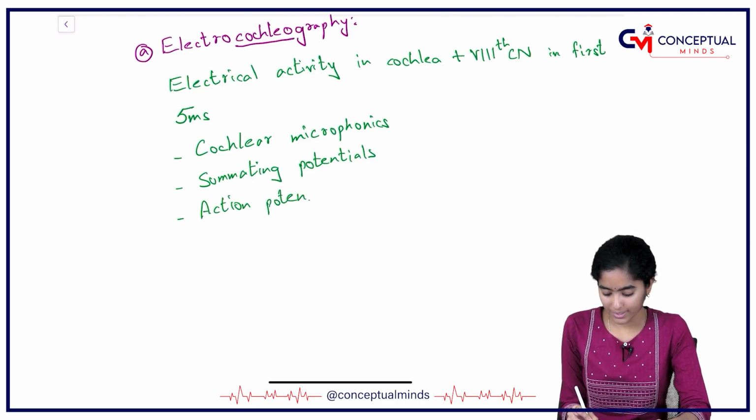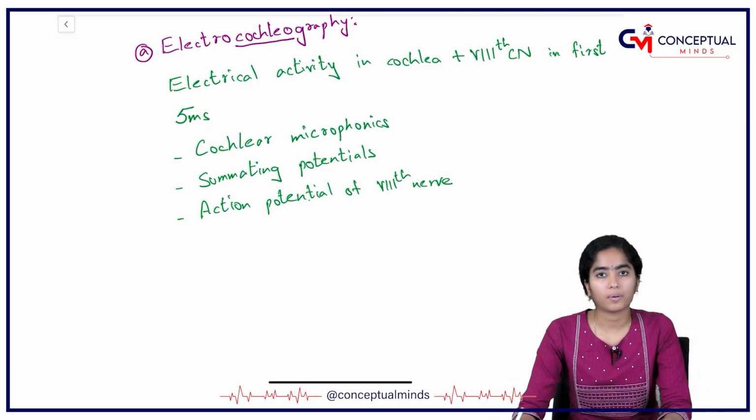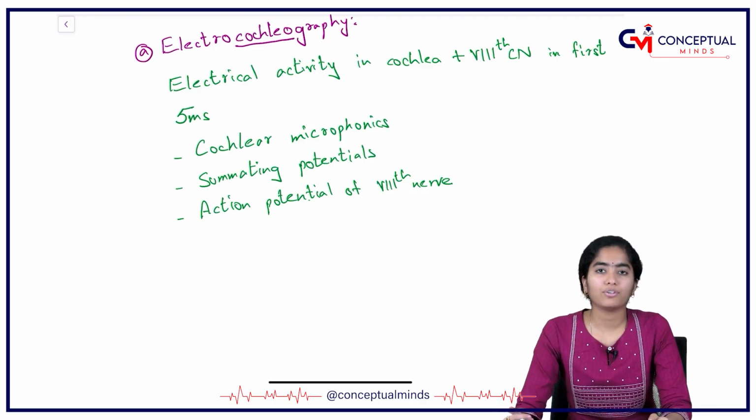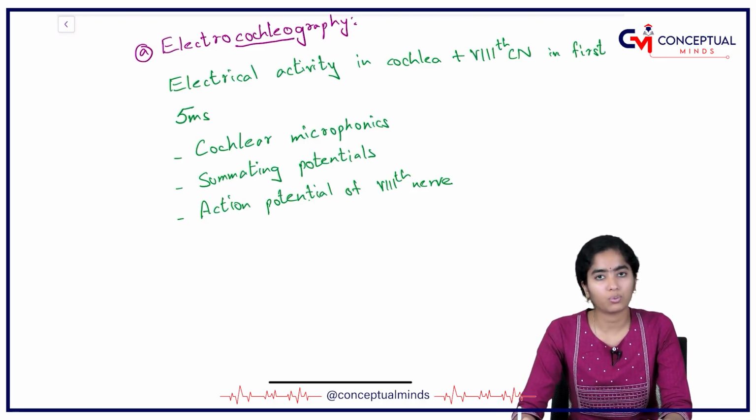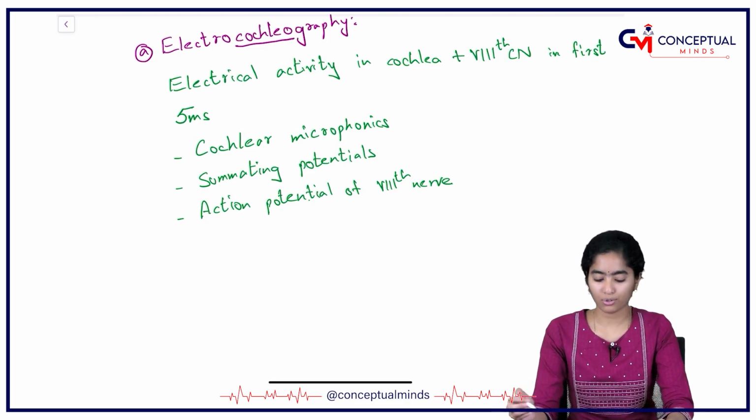We have learnt about these in the physiology of hearing. Cochlear microphonics are produced by the hair cells of the cochlea. When potassium inflow is present in the tip of the outer hair cells, voltage changes occur in those hair cells, and that gives rise to cochlear microphonics.